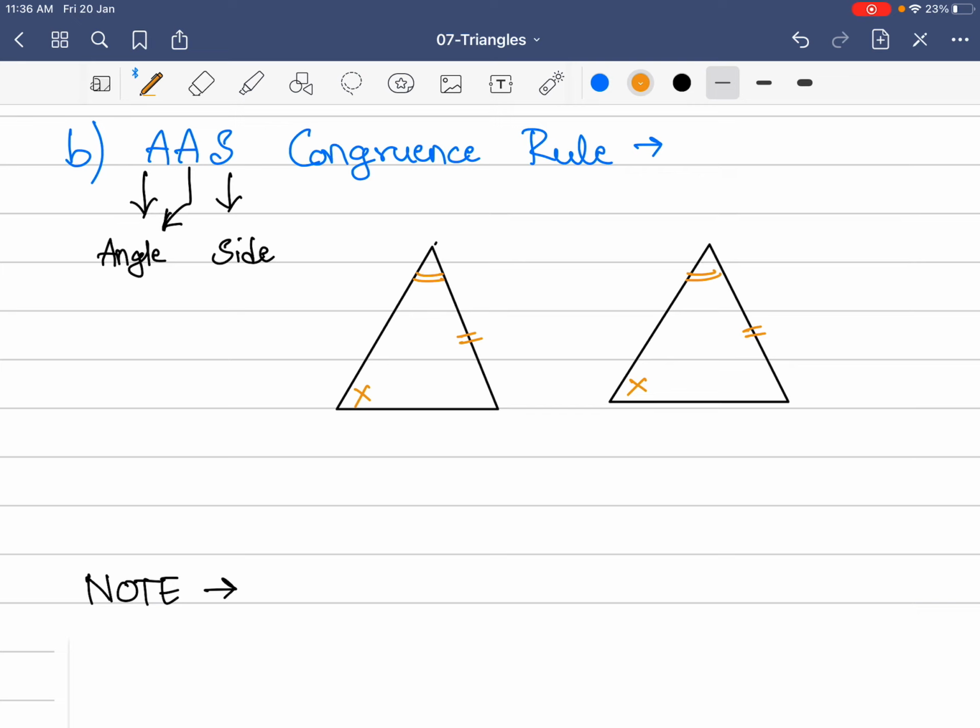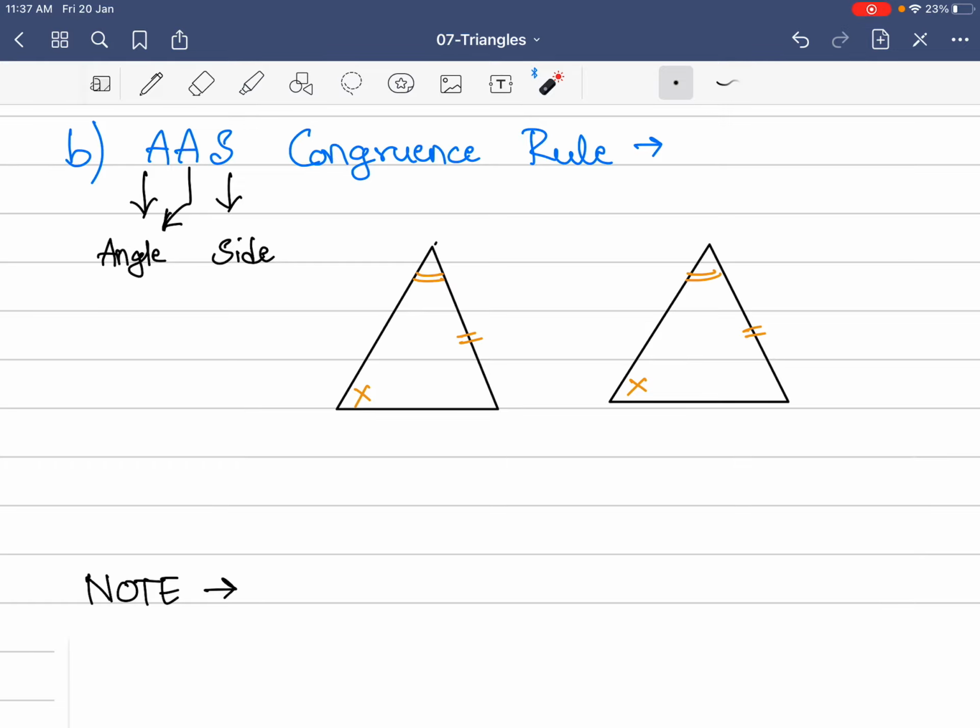I have not named the triangles, but we need not name them. So I am telling you that there are two angles which are congruent to each other and one side which is congruent. If that is the given information, then we can very confidently say that these two triangles are congruent using the AAS rule, angle, angle, side.